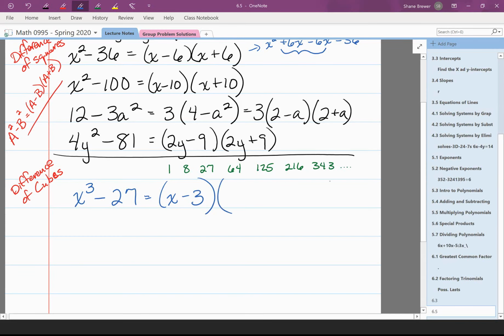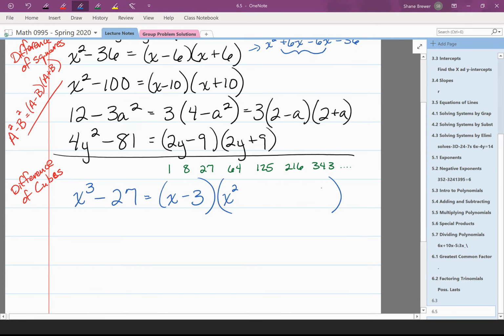Your next factor, and this comes from a formula you just have to memorize. You just have to remember this. The next factor is going to be, you now have the x as x squared. So here you had just an x, now you have an x squared. Makes sense because if you multiply those two together, you get the cube.